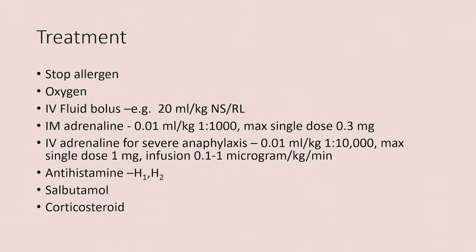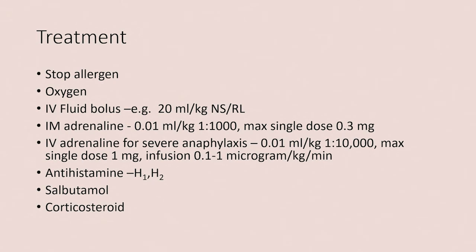And so for treatment of anaphylaxis, we have to stop the allergen, which is usually a medication. We have to give the patient oxygen. A fluid bolus like a normal saline bolus or Lactated Ringer's may be given.